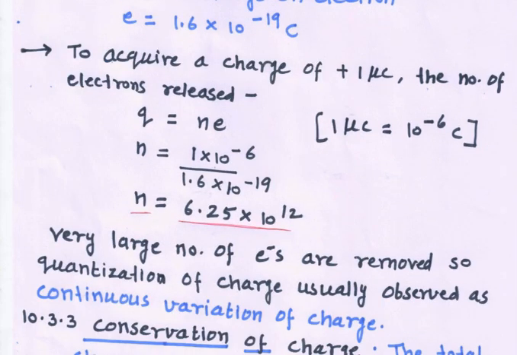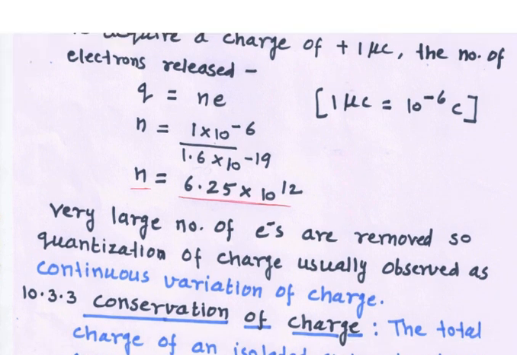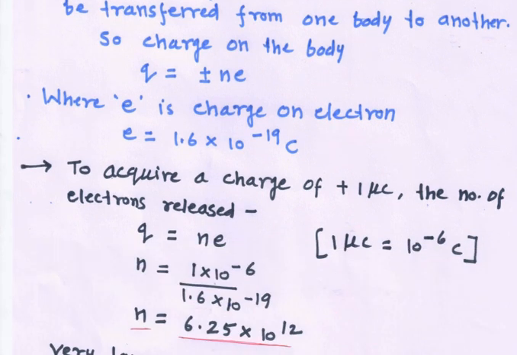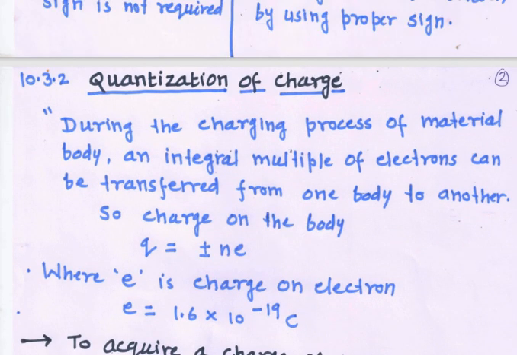But as this example shows, the number is very, very large compared to the charge of the body. It is only 1 microcoulomb, and 10 raised to 12 electrons are leaving or adding to the surface. So that is why quantization is not usually observed; the variation of charge appears continuous.